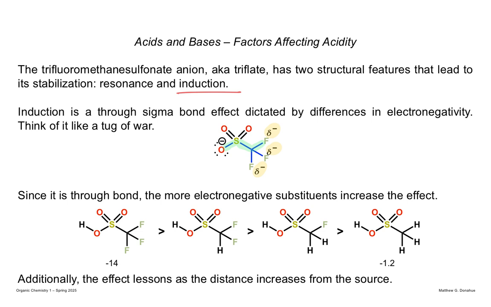There's this negative charge down the chain, and it's like, I want some of that. So through the bonds, it's pulling that negative charge, that sigma bond network that's drawn in blue, highlighted in green. So it's that tug of war. It's helping to stabilize that negative charge because it's so electronegative.